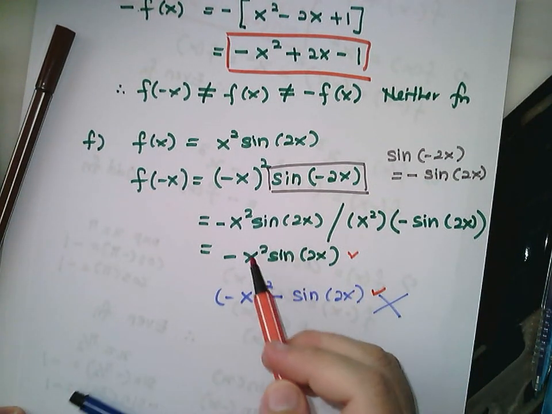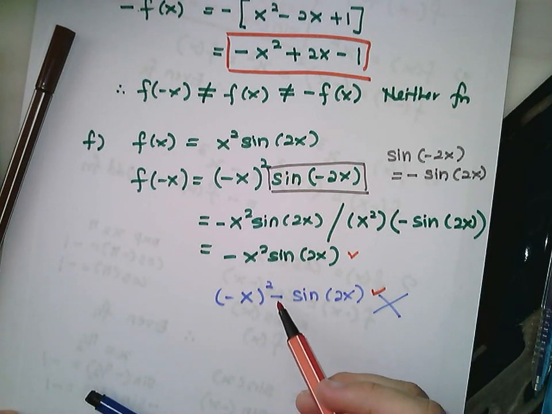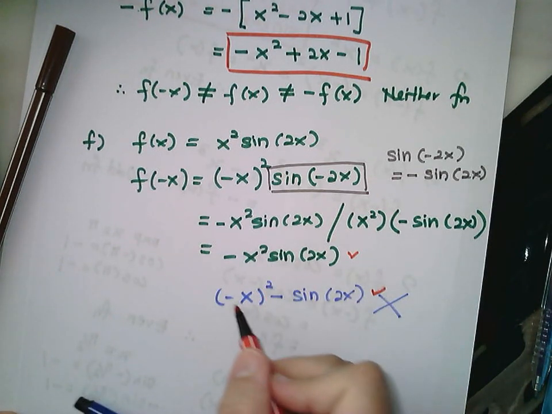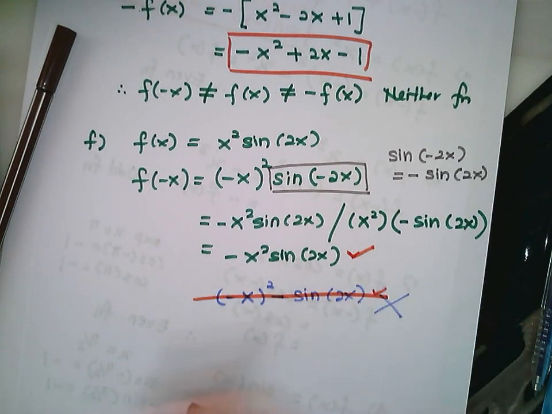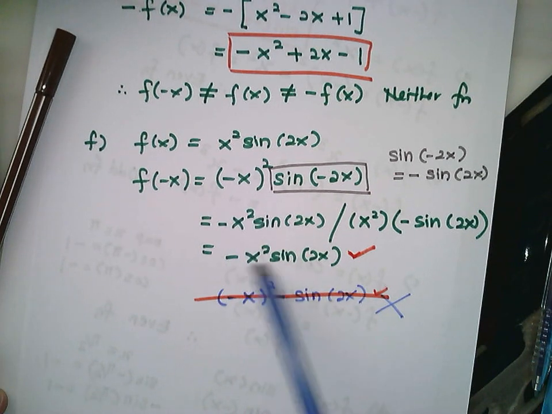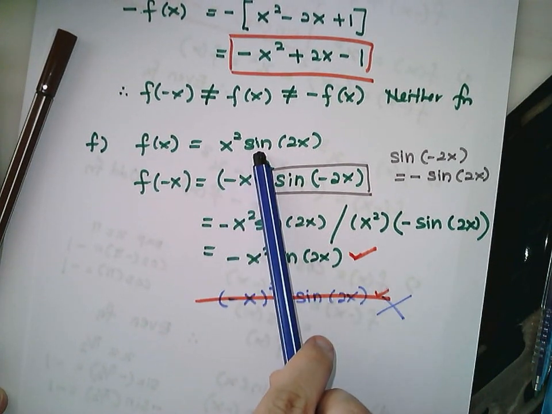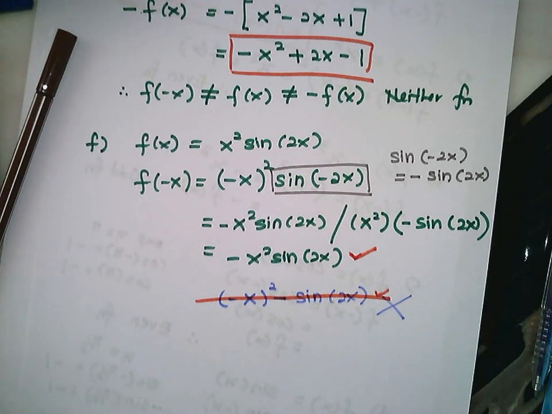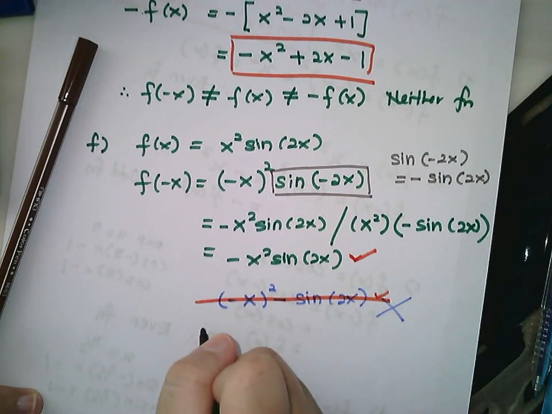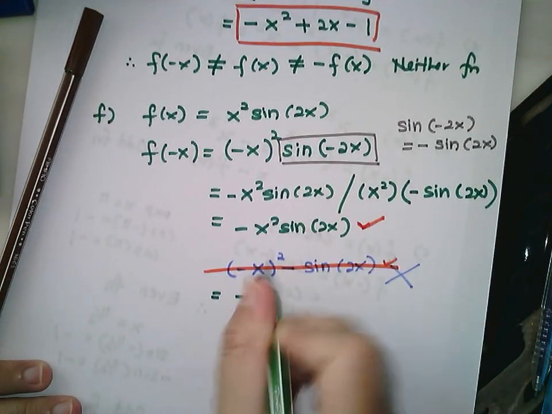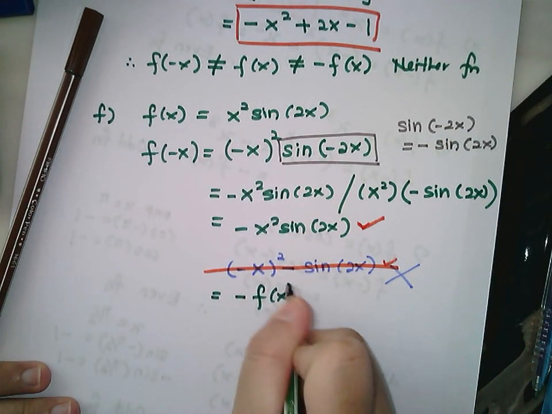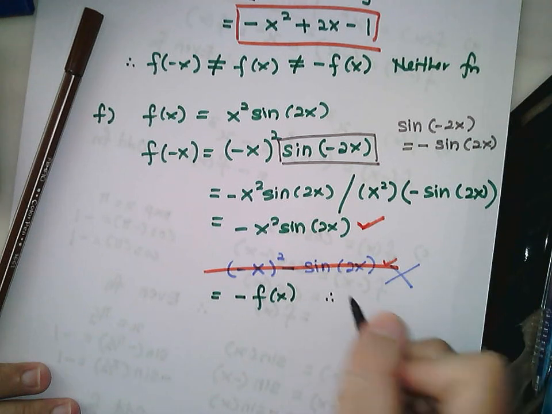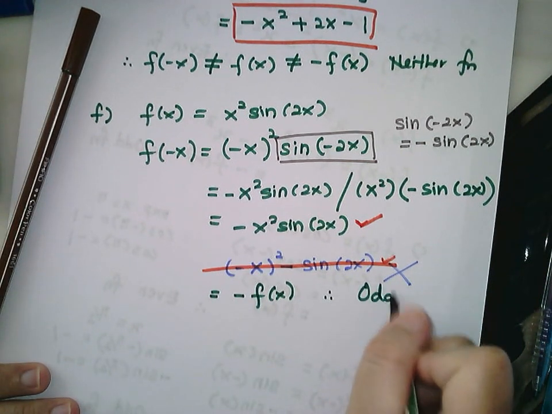This one is multiplied, this one is minus. So you shouldn't write in this form, this is wrong. You should write in this form. Okay, so as you can see here, this is your f(x). Therefore this one is equal to negative, so x squared sine 2x is your f(x). So therefore this is an odd function.